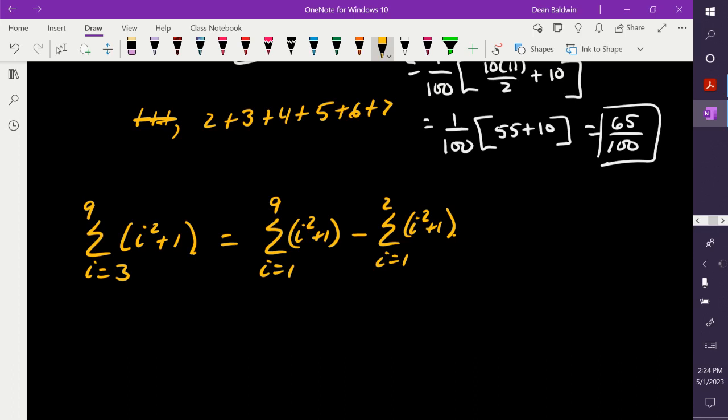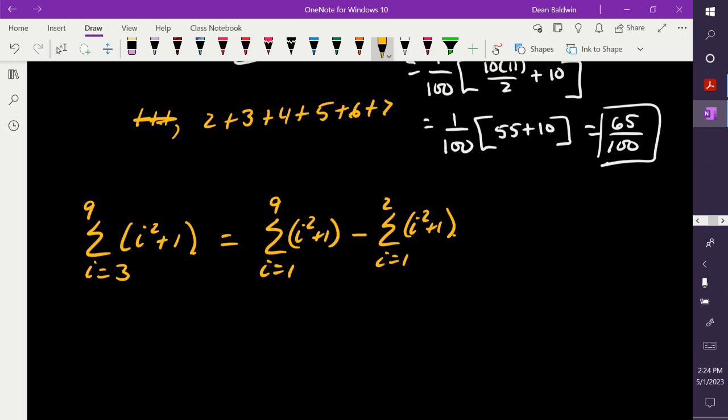You have to put it in because, think of it if you do this. Why is it 2 on the top? Because you're taking off the first 2 numbers that you're adding. I can't do 1 to 9 there because then it would be 0.